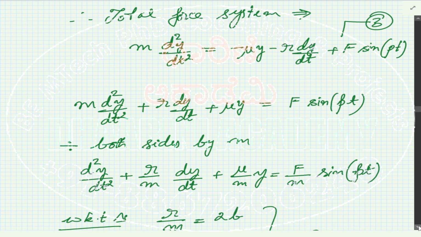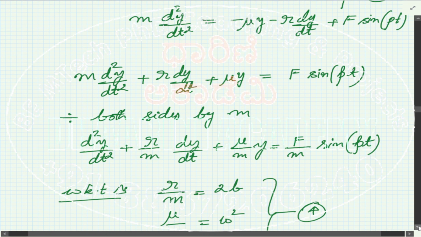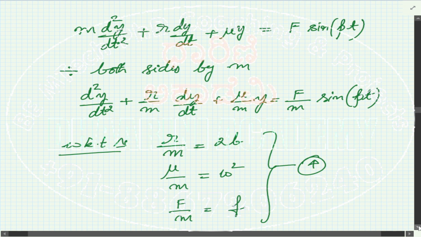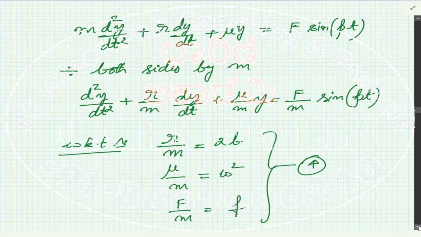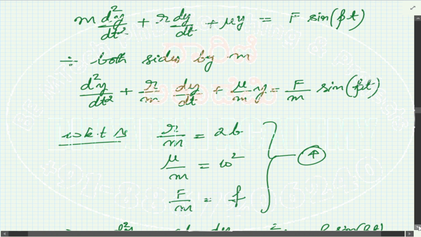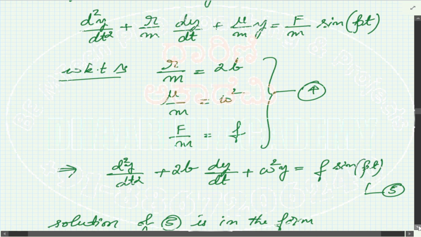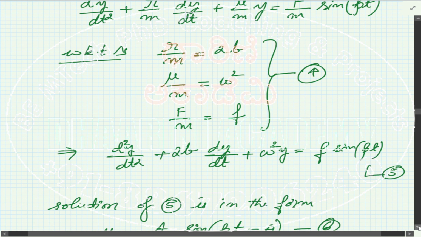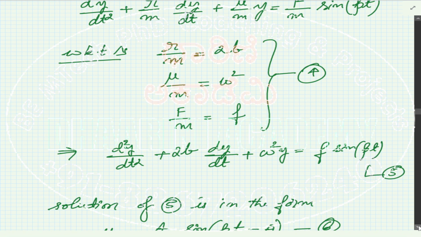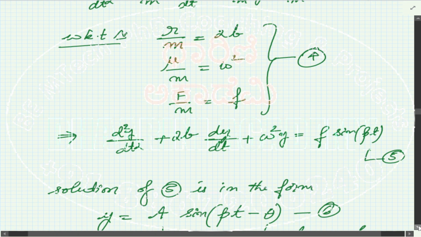Now the equation can be simplified as d²y by dt² plus r by m dy by dt plus mu by m into y equals F by m into sine pt. Here r by m becomes 2b, mu by m becomes omega squared, and F by m becomes f. We already have used this several times.